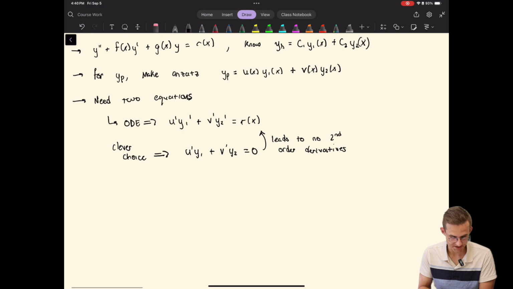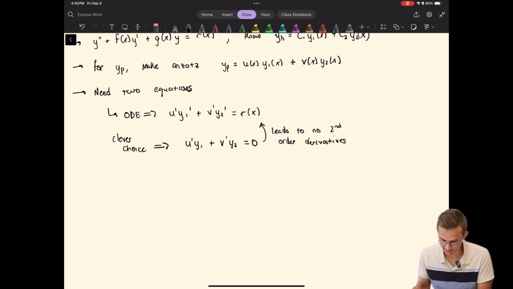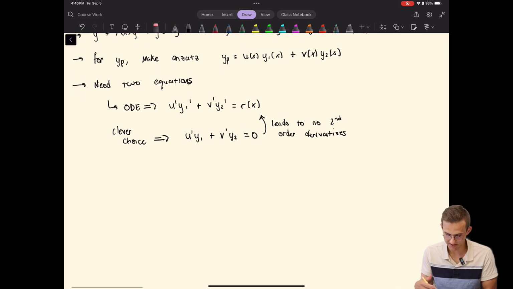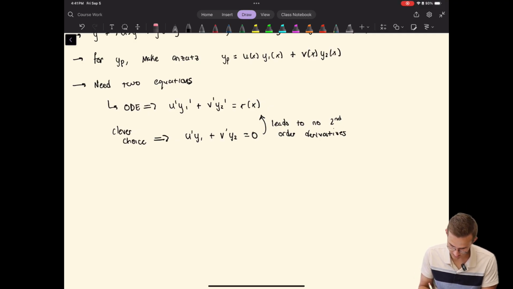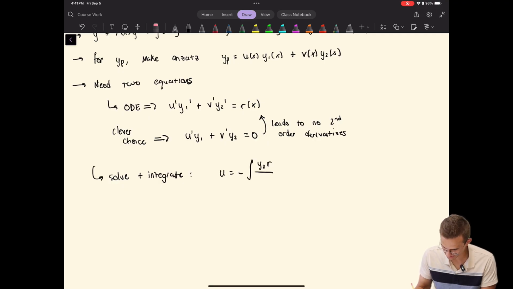And we can solve this system for u prime and v prime and integrate. This is an algebraic system for u prime and v prime, and then we solve it and integrate. And you get the following, which is that u is equal to minus the integral of y2 times r over w, and I'll say what w is in just a moment, times dx.